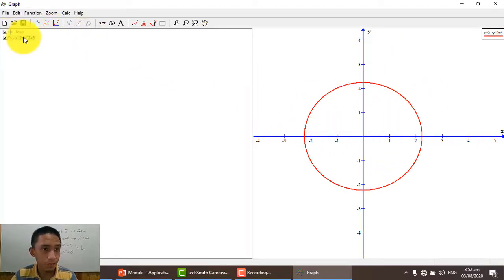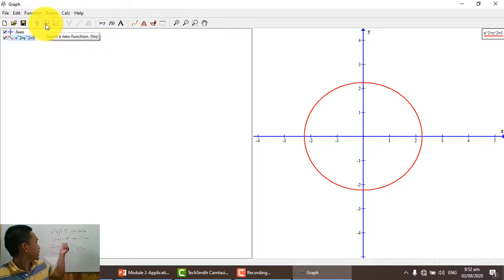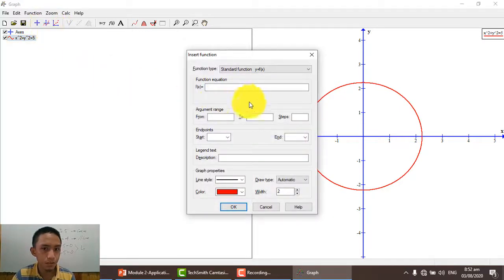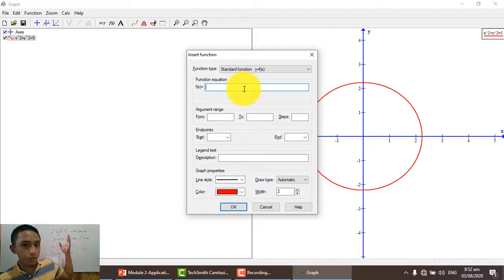Okay, so I will be adding another equation here, the parallel line. I will rearrange this so that it becomes y equals 2x minus 4, so that I can input the function of x only.